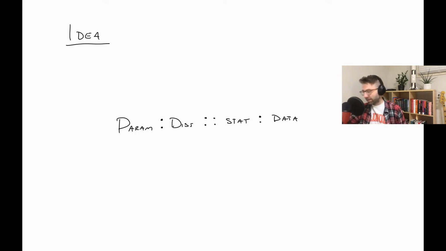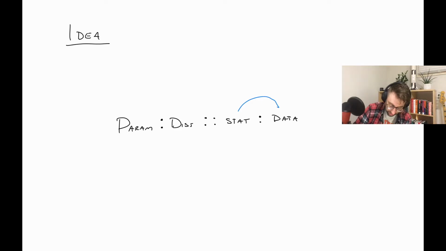I've utilized the old SAT analogy syntax here, which says that a parameter is to a distribution what a statistic is to data. I'm playing a little bit fast and loose with all of the definitions here, but I'm just trying to get across a generic idea.